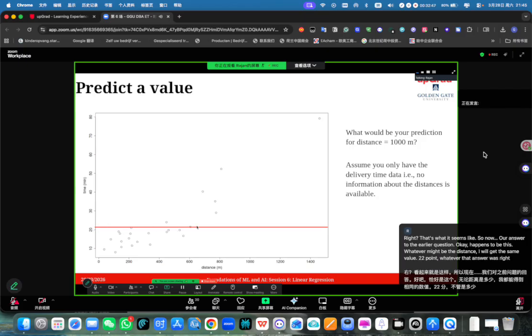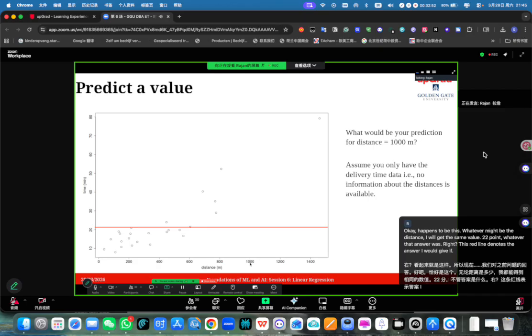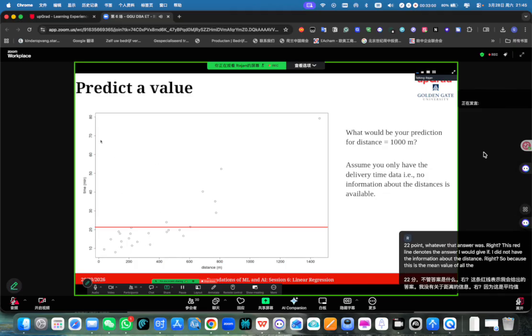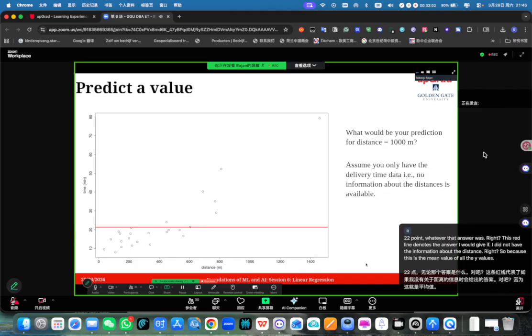This red line denotes the answer I would give if I did not have the information about the distance, right? Because this is the mean value of all the y values, this is the answer I would give. Now, obviously, this answer is wrong, or this answer has a lot of errors, right?